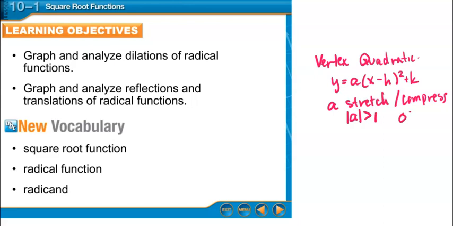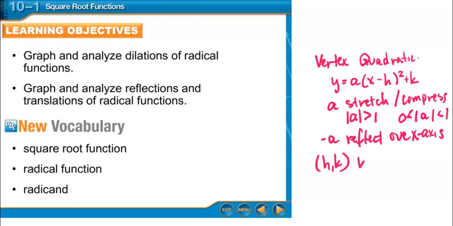If the absolute value is in between 0 and 1, then it's a compress. A negative a means it's reflected over the x-axis, and then the vertex is at (h, k). This is your vertex.